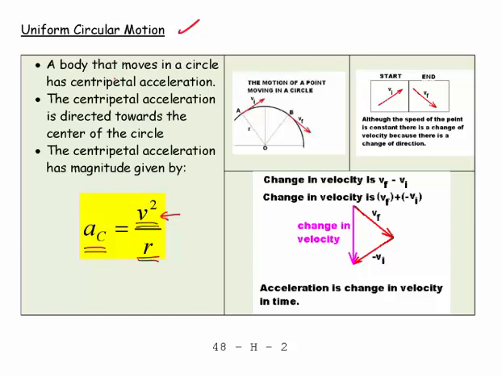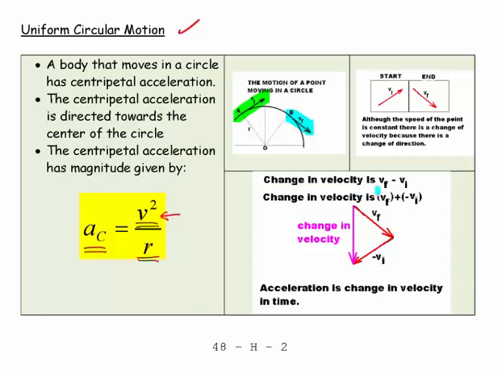I can show you that the centripetal acceleration points towards the middle of the circle by reminding you about vector diagrams. Let's imagine this particle just before it reaches 12 o'clock on this diagram. So my velocity initially is up and to the right, and then if I look a little bit later, the velocity is down and to the right, and that's my final velocity.